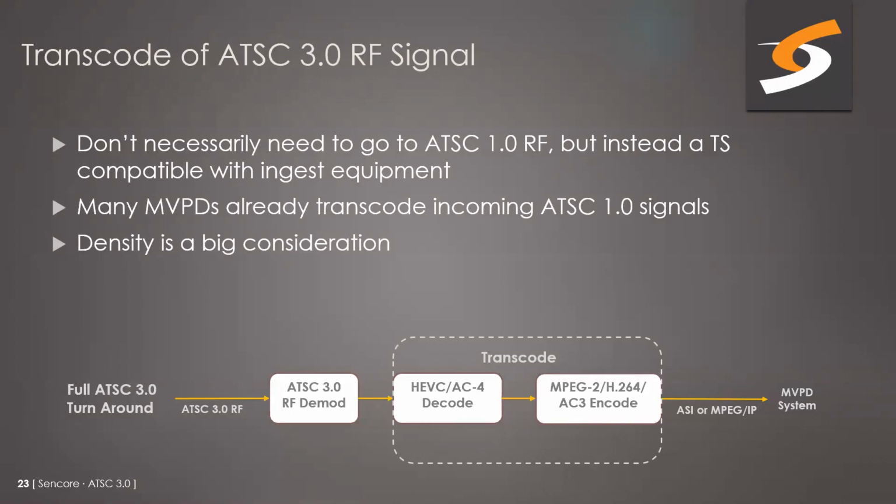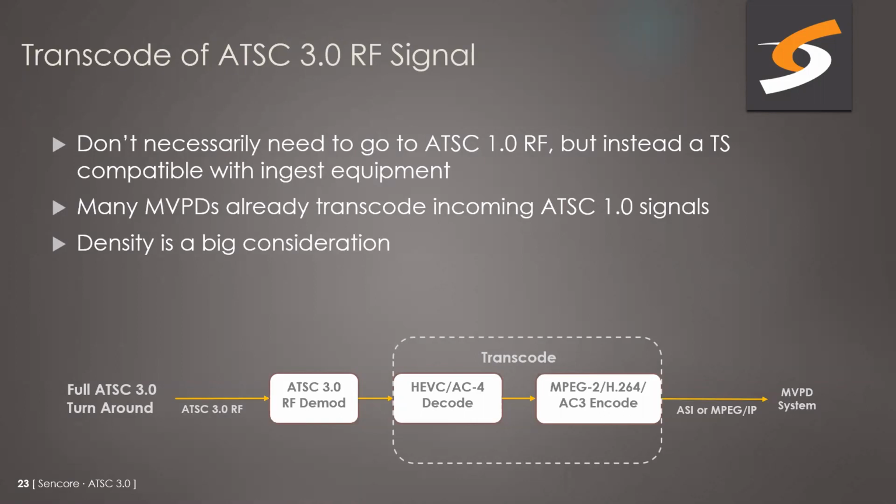So that's receiving the RF of the 3.0 and then running that through some kind of transcoder to convert the HEVC and AC4 to codecs that are more suitable for the MVPD system. So either MPEG-2 or H.264 video, likely AC3 audio, maybe AAC.